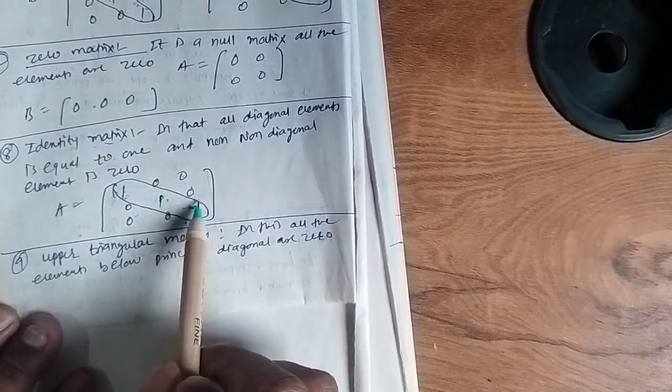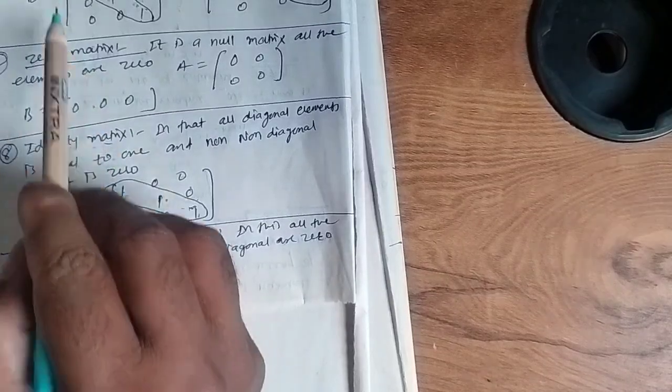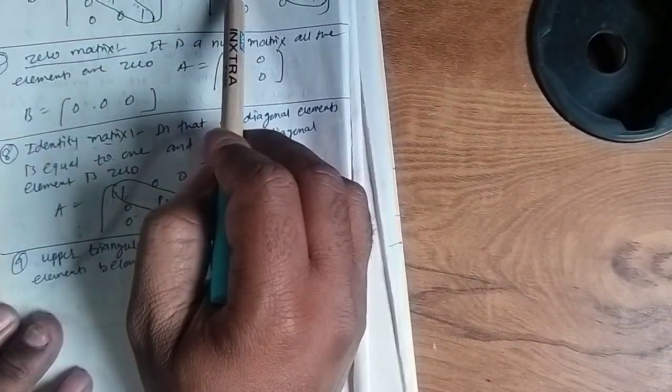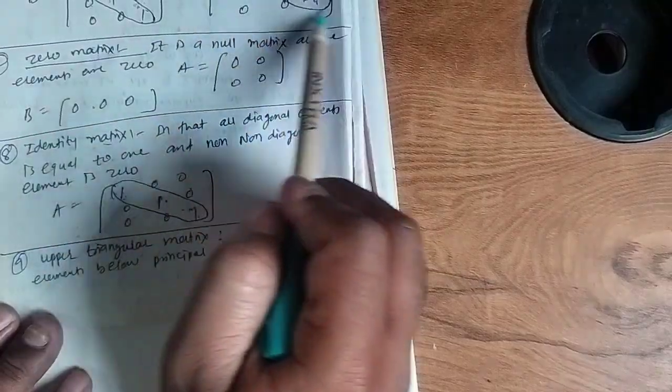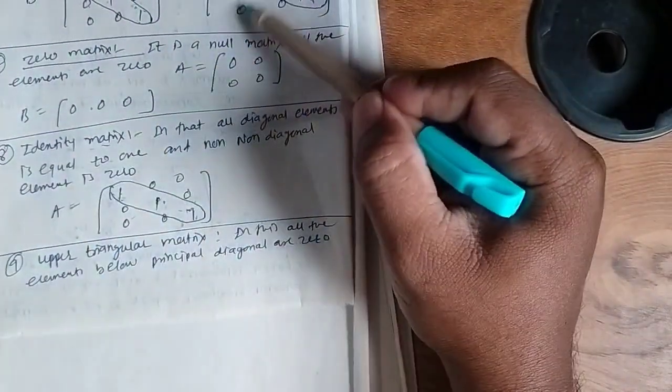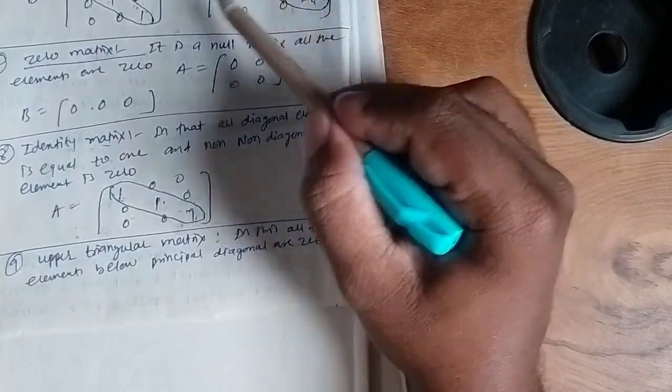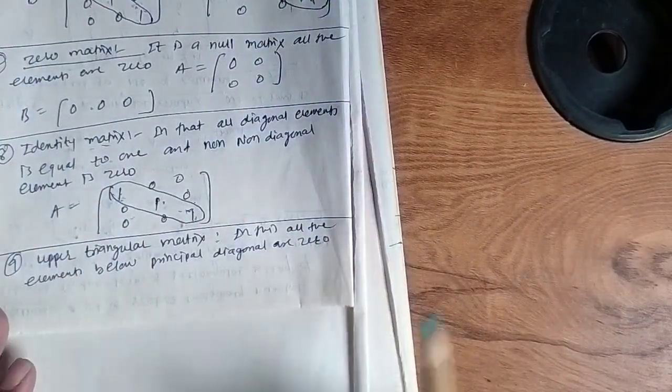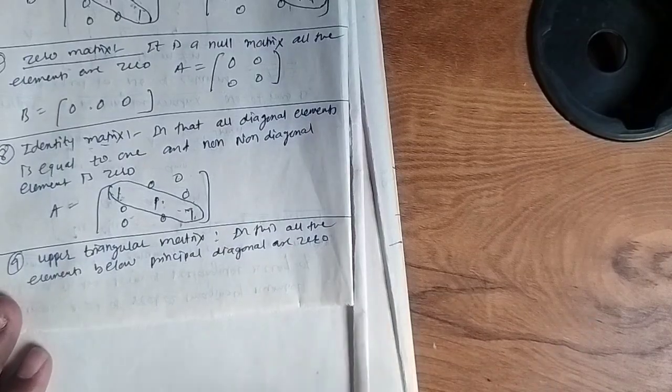So 1 1 1, this is called the principal diagonal. Also minus 10 minus 10 minus 10 is the principal diagonal. So elements below the principal diagonal are 0 in an upper triangular matrix.